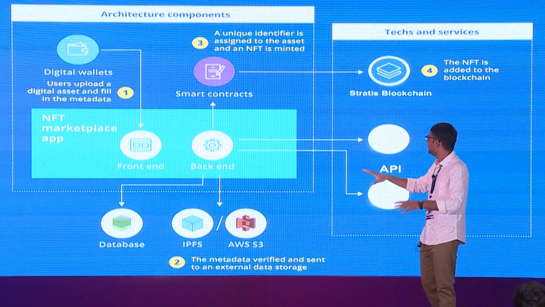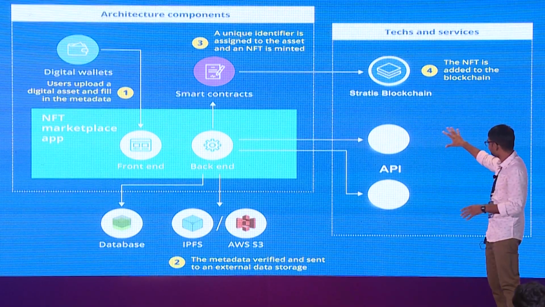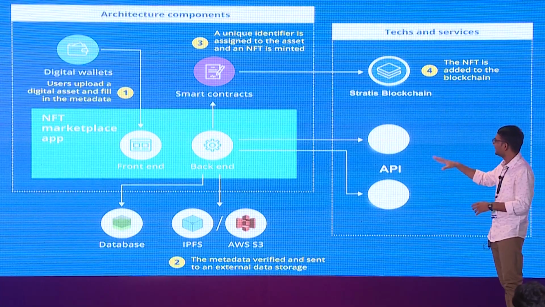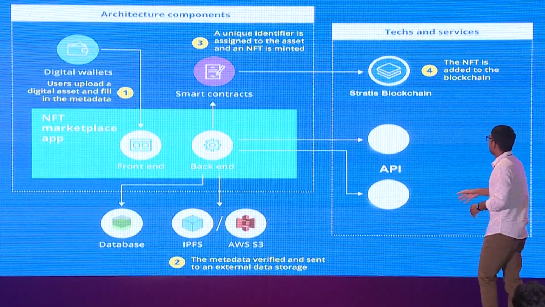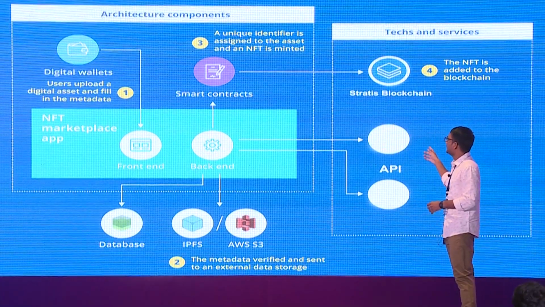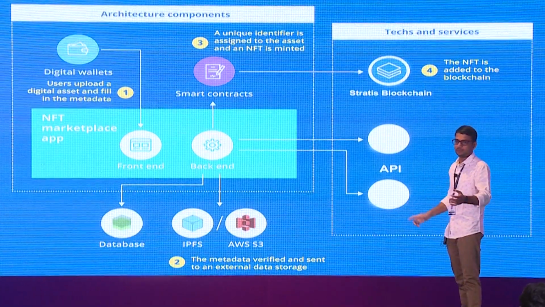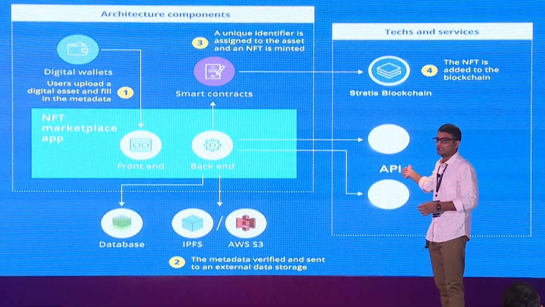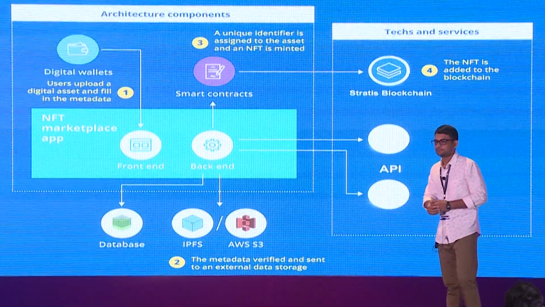In that way we create the NFT marketplace application, and we have APIs for the blockchain. So when we need any data from the blockchain, like who is the current owner, you can use the API and get that data.